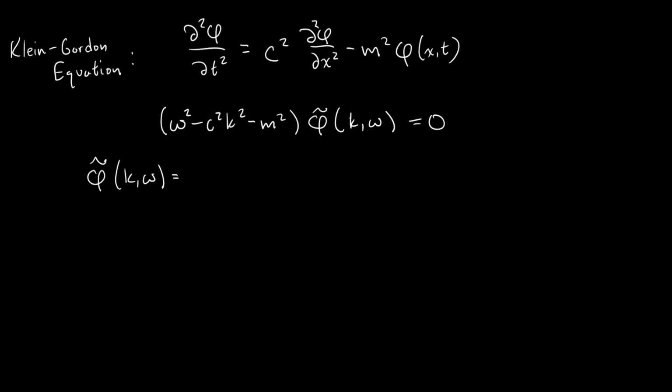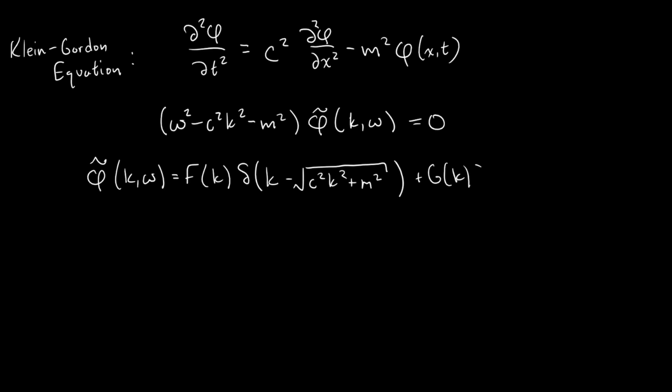But now you see that these are going to be a little more complicated: delta of omega minus square root of c squared k squared plus m squared, and G of k delta of omega minus square root of c squared k squared plus m squared. Sorry, those should definitely be omega, not k.